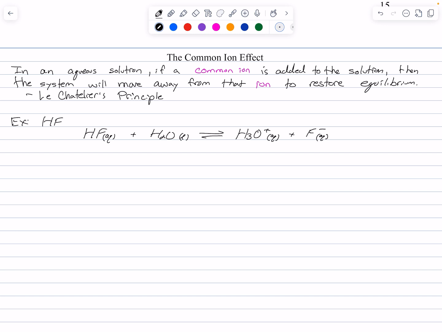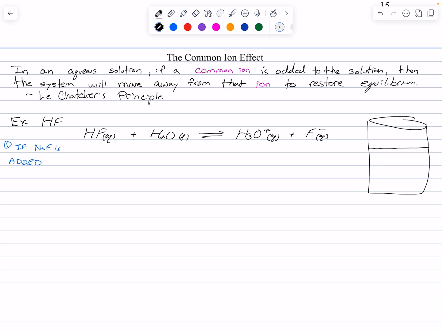So one, if let's just say some sodium fluoride is added to the same container. So what do I mean by this? I have a container, let's call it a beaker.